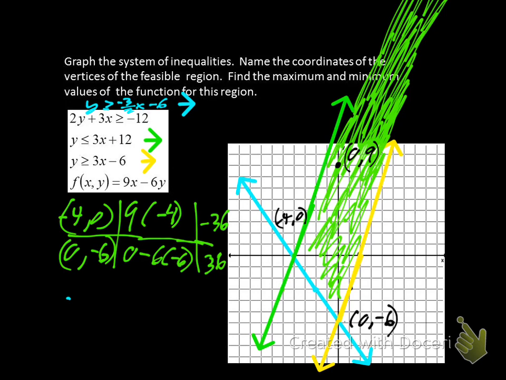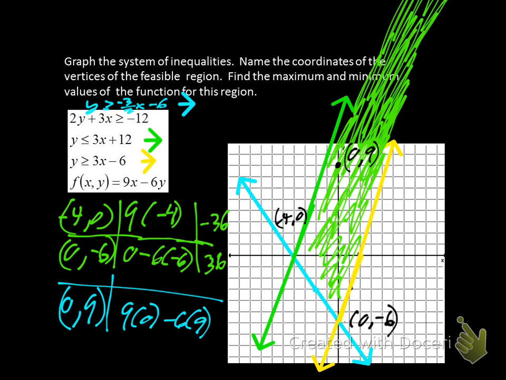So I'm going to do this in blue. So do 0, 9. Alright, so 9 times 0 minus 6 times 9. 9 times 0 is 0. What's 6 times 9? 54.